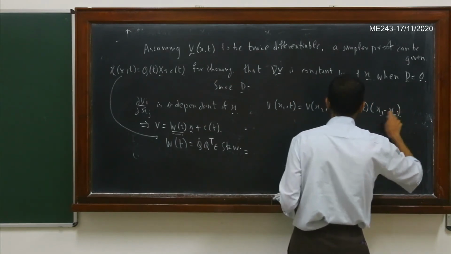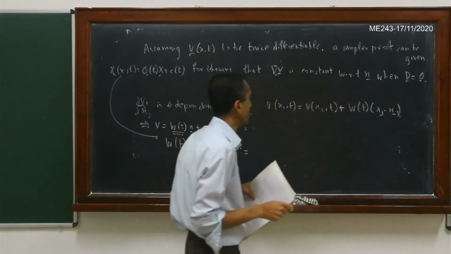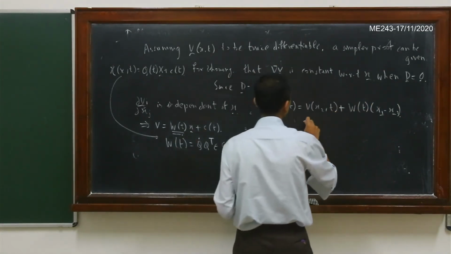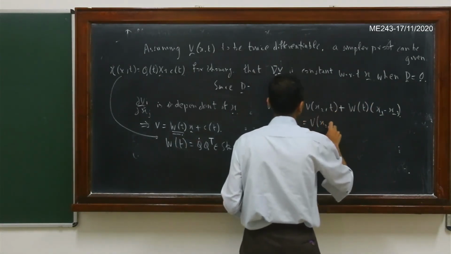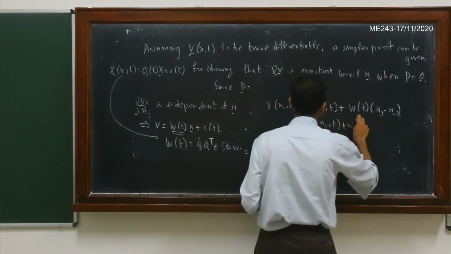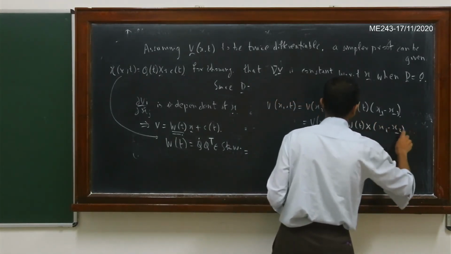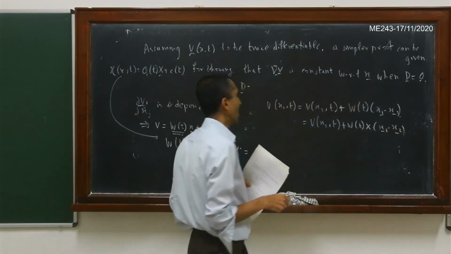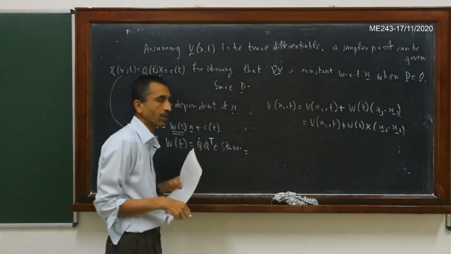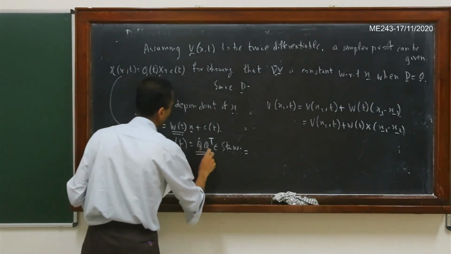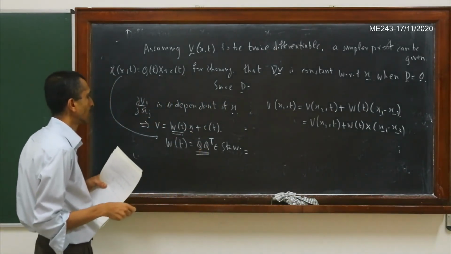Because W is a skew symmetric tensor, I can write it in terms of its axial vector. So this is v of x2, t plus omega(t) cross (x1 minus x2). This omega is nothing but the axial vector of this W(t), which is also the axial vector of this Q dot Q transpose.